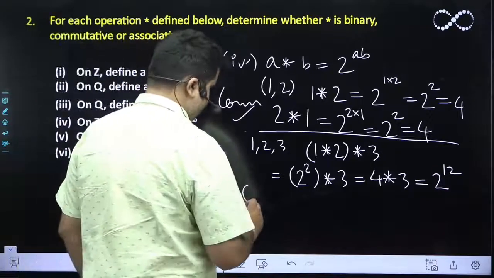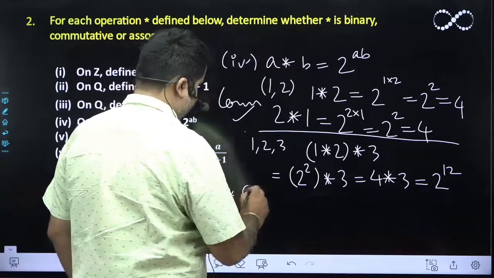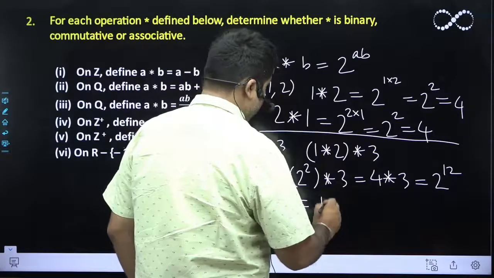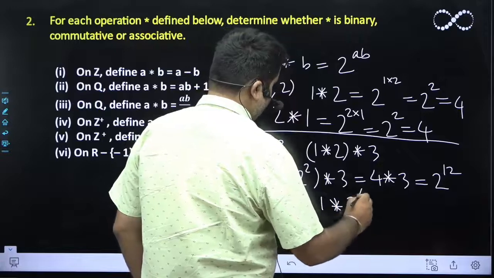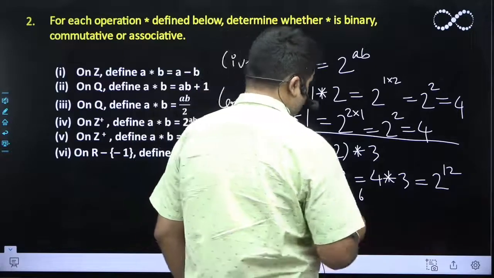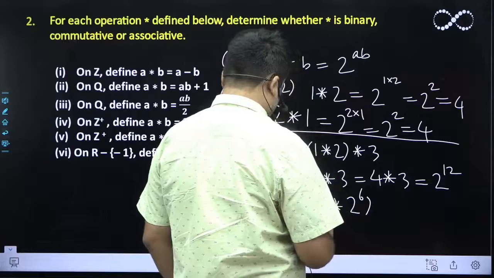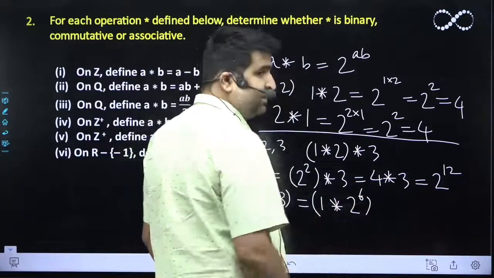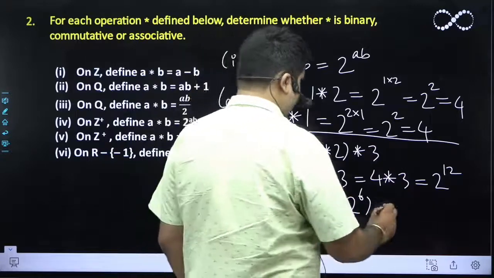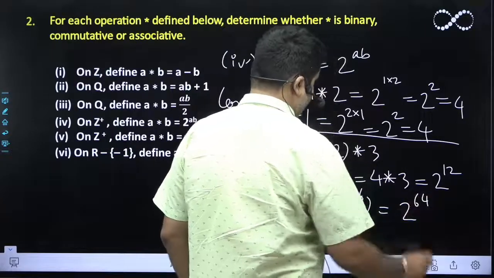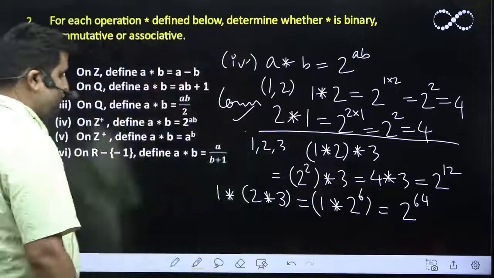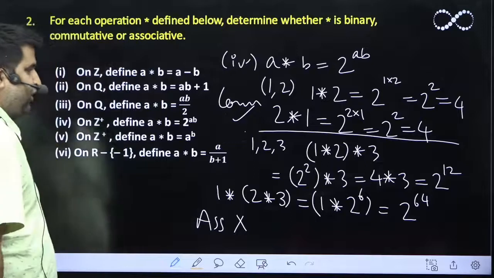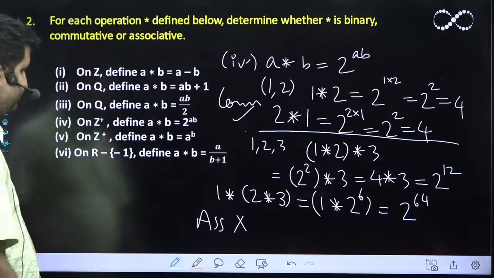If we take 1 star 2 star 3, what is 2 star 3? This is 2 to the power 6. And what is 1 star 2 to the power 6? What is actually 2 to the power 6? This is 64. So this is 2 to the power 64. So these two are not equal. So therefore the associative property will not be satisfied. Okay.